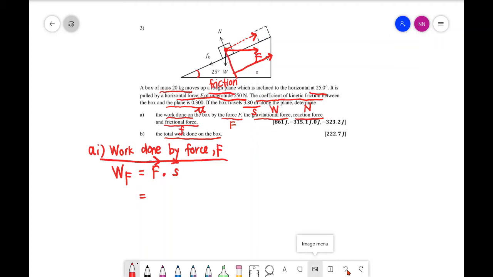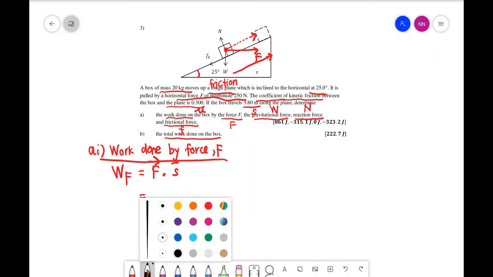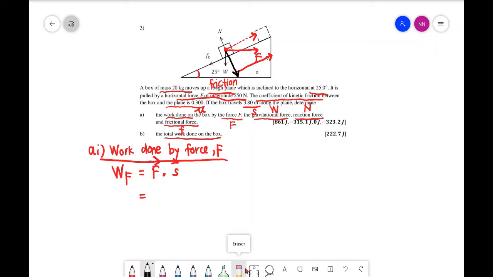Maybe I can use the black pen to resolve F. So this is Fy, and this is Fx. Fx is parallel to the displacement. We can use this angle, which is 25 degree, the same as this one.